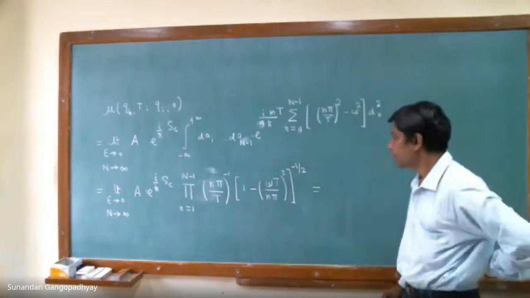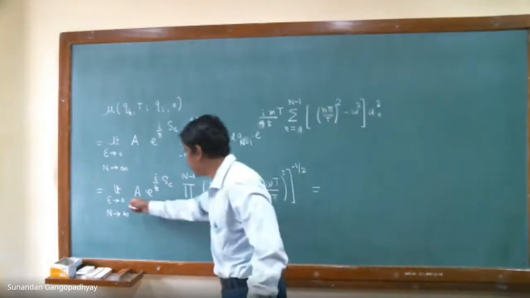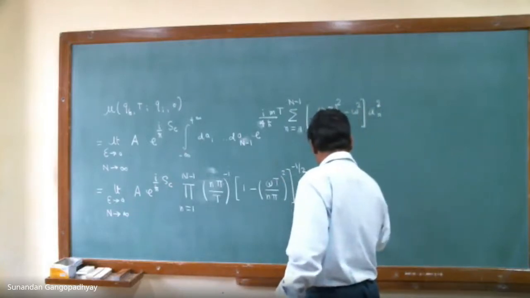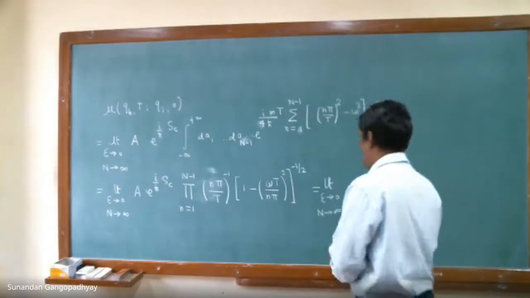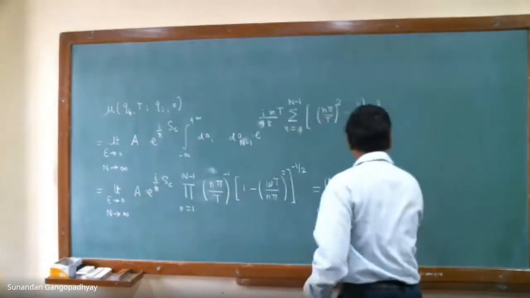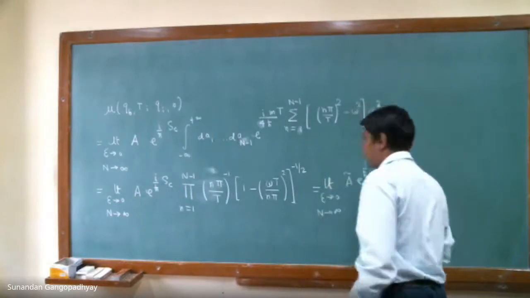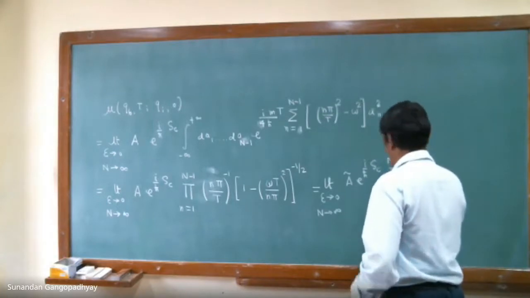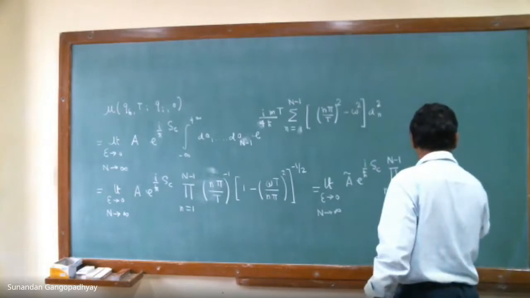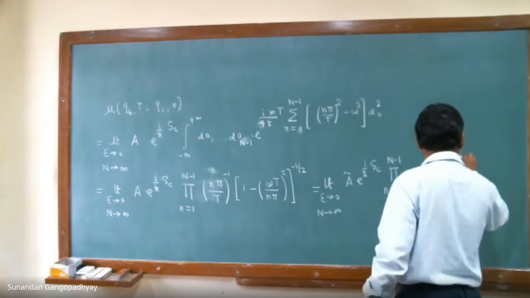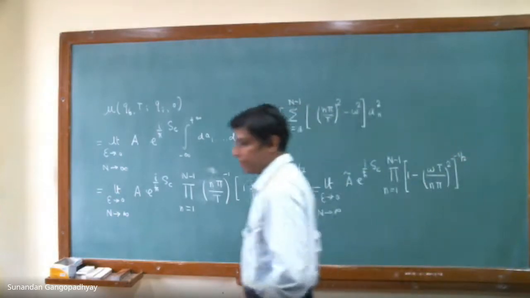And then you can dump this factor in this constant A. So if you do that, then once again you will have the limit epsilon going to 0, N tending to infinity, and this will be some A tilde where you have dumped this factor in this constant A. Then you have e to the power of i by h bar S classical, and then the product n equals 1 to capital N minus 1 of (1 minus (omega T by n pi) whole square) to the power of minus half. This is what we have.